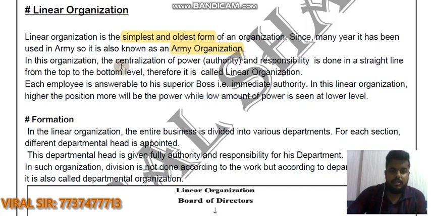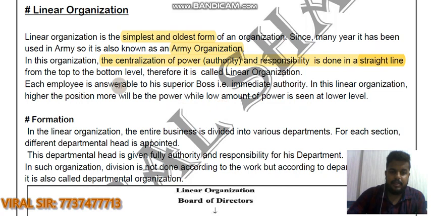In this organization, the centralization of power, authority and responsibility is done in a straight line from top to bottom level. Therefore it is called linear organization.